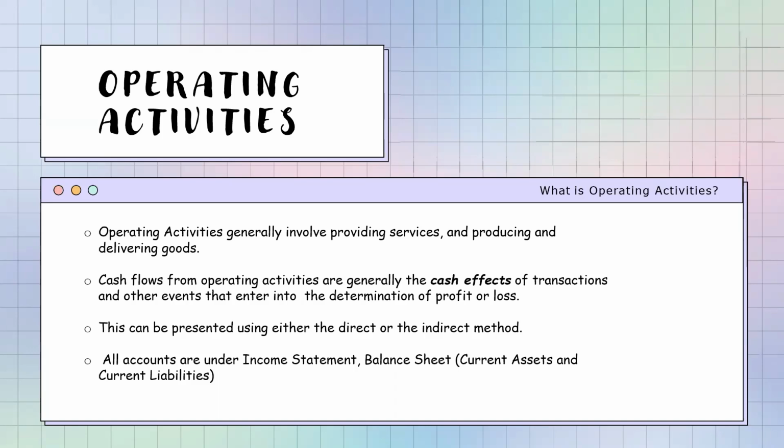So, under operating activities, pwede natin siya i-present into two methods, direct and indirect. Mamaya pupunta tayo dyan. And then last, all accounts under income, balance sheet, current asset and current liabilities. So mamaya matatakal din natin yan bakit andito yung income statement and then yung sa balance sheet under current asset and current liabilities.